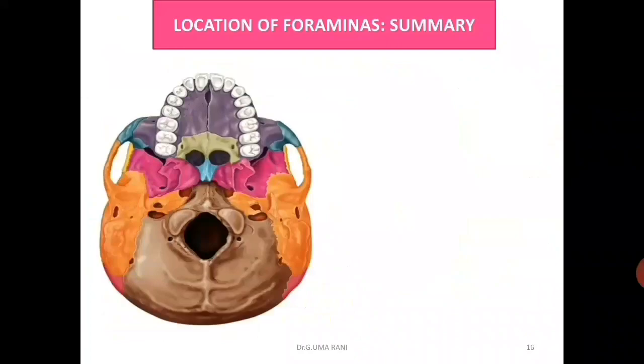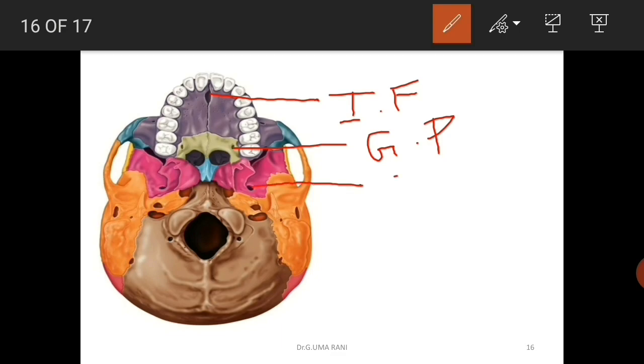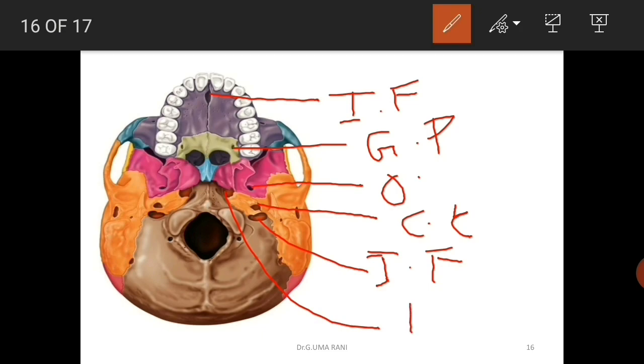The foramina located in the norma basalis are: first, the incisive foramen, and here the greater palatine foramen, and in the greater wing of the sphenoid bone the foramen ovale, and in the petrous part of the temporal bone this is the carotid canal, and this is the jugular foramen, and this is the foramen lacerum, and this is the foramen magnum.